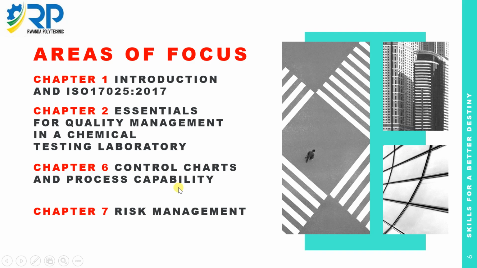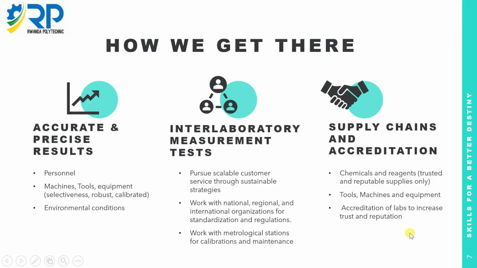We shall deal with control charts and process capability if we have time, or we can go up to chapters six and seven in upcoming videos. The control charts and the process capability, and last but not least, risk management. So now, how can we get there in order to have good laboratory management?